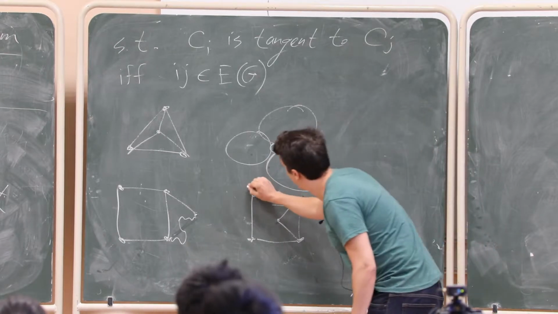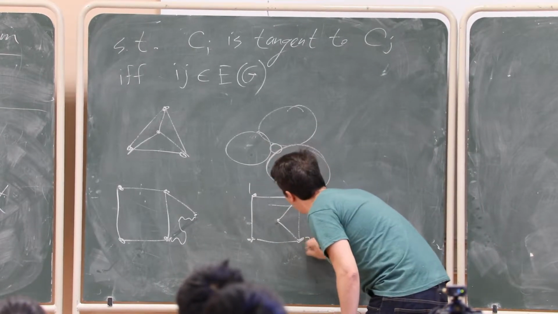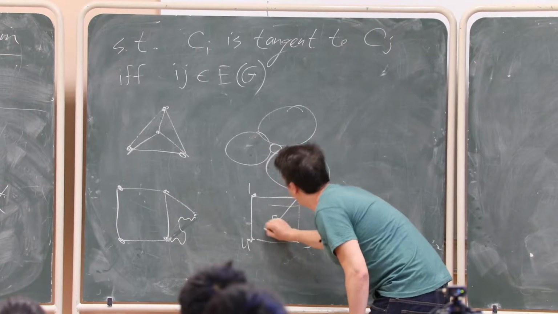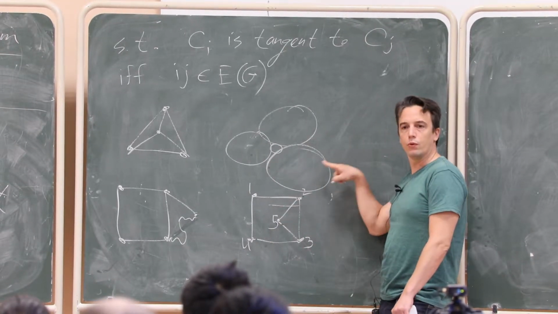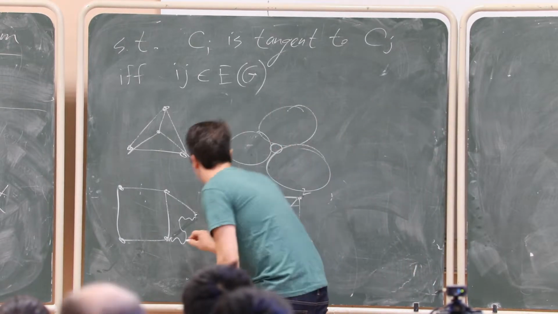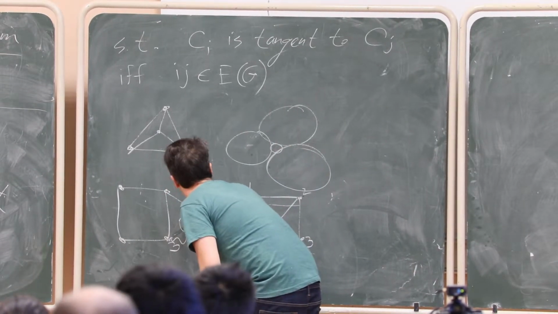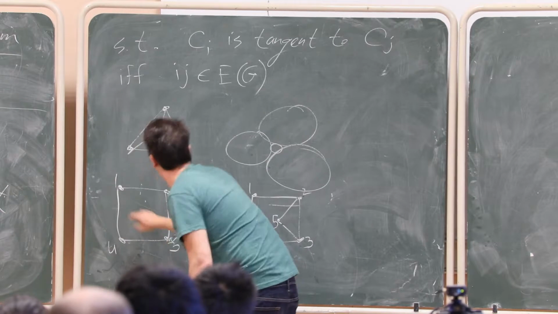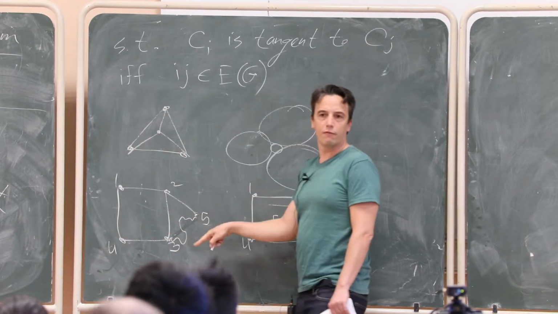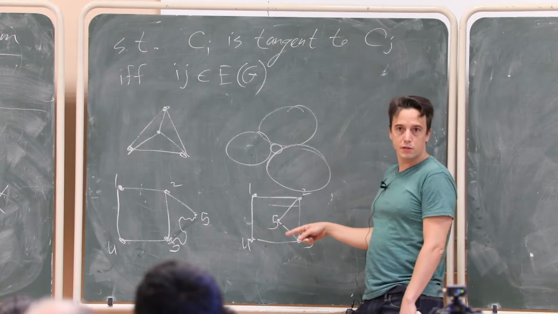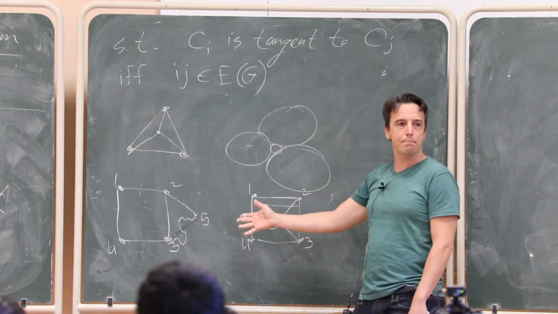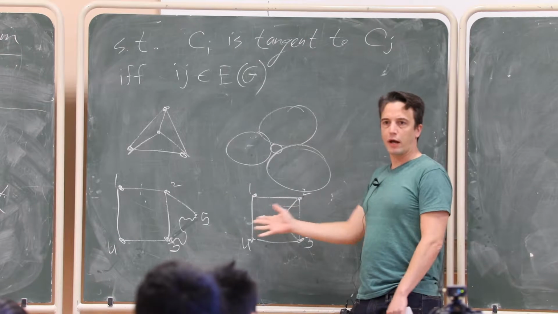So if I call these vertices 1, 2, 3, 4, 5, here the cyclic order will be 4, 5, 2, and so on, while here it will be 5, 2, 4. Here it will be 4, 2, 5. So the cyclic order of the neighbors is not the same. These are different as maps, but they are the same as graphs.